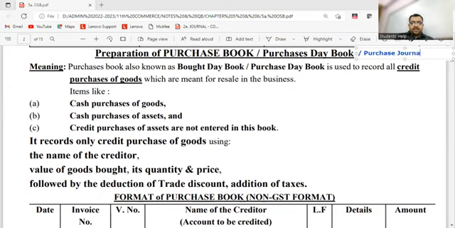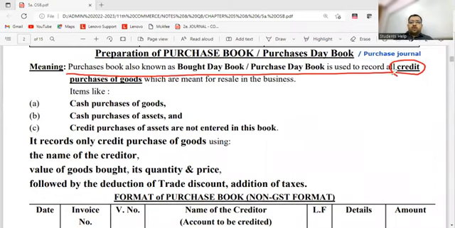You may have a query, sir, why we call it as purchase journal? Because what we have done is this, we have subdivided journal, children. That's why we have given the name purchase journal. Please mention this. And the content goes in the same manner as I explained just now.